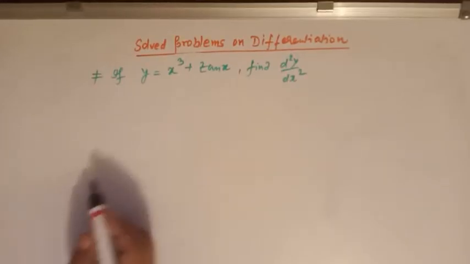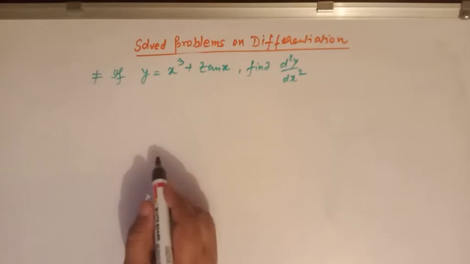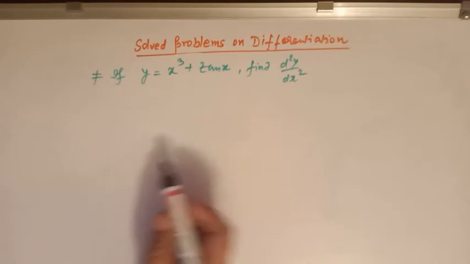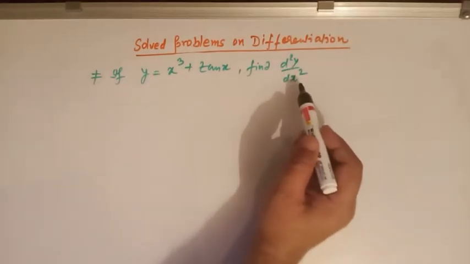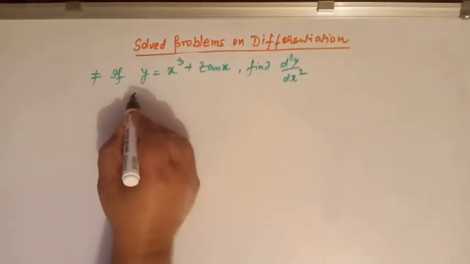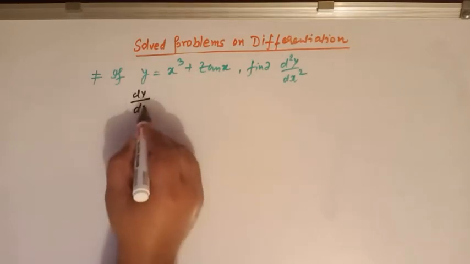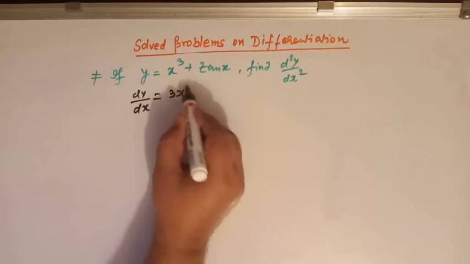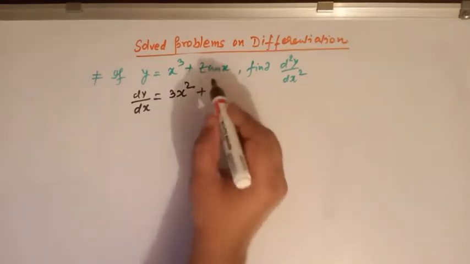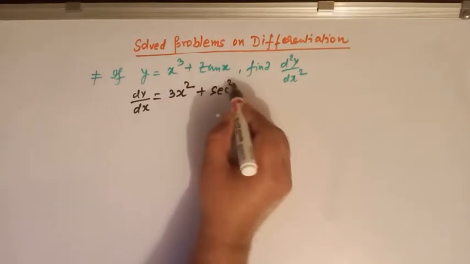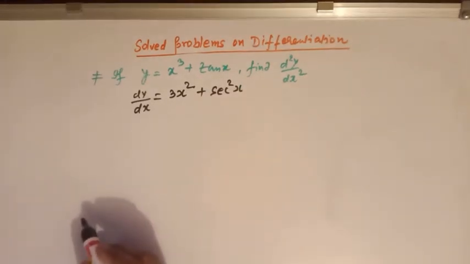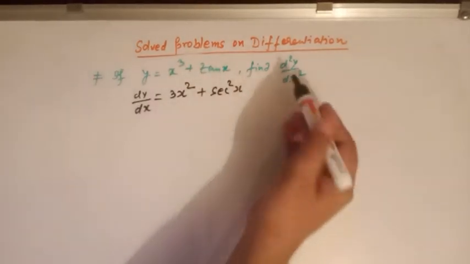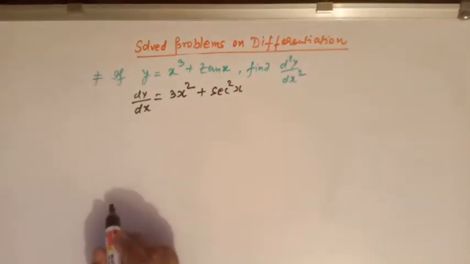So here we have the problem y equal to x cube plus tan x, and we have to find the second derivative. This is called the second derivative. Then we'll differentiate it. This is dy over dx. The derivative of x cube is 3x square, and the derivative of tan x is secant square x. Clear? Now again we have to differentiate both sides because this is d2y over dx2.